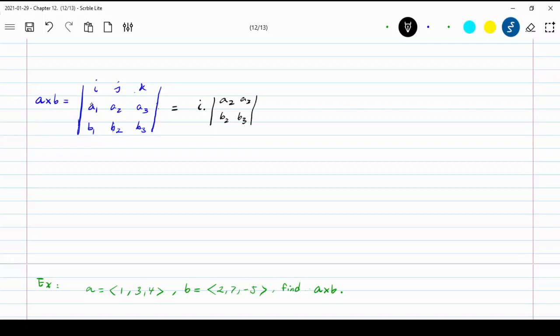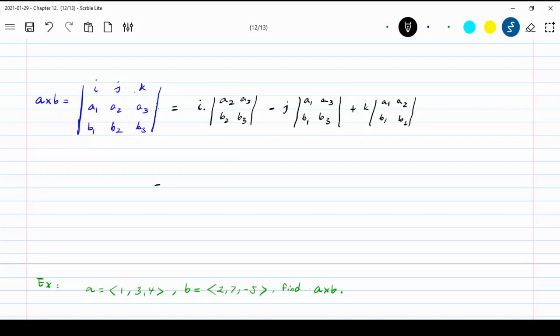Again, this is assuming we're doing the cross product of A and B. The submatrices would be minus j times A1, A3, B1, B3, plus k times the submatrix left, A1, A2, and B1, B2.